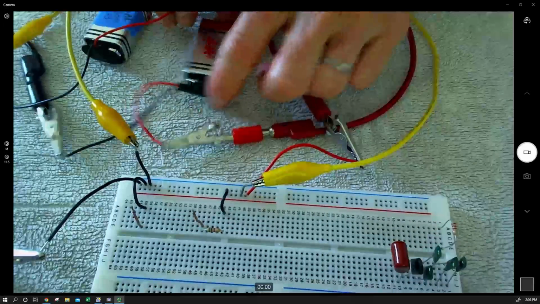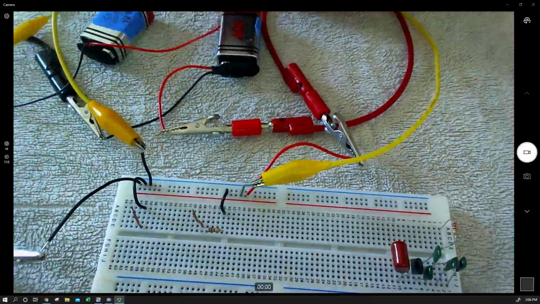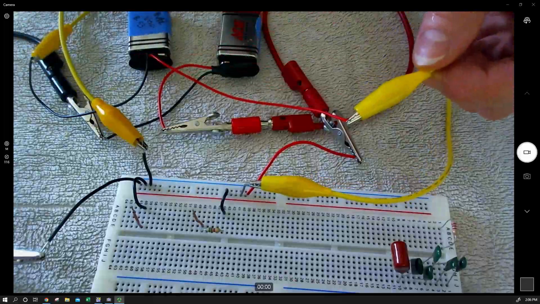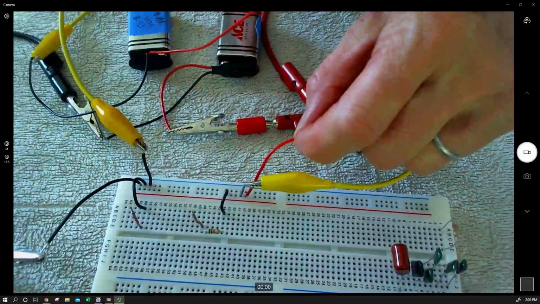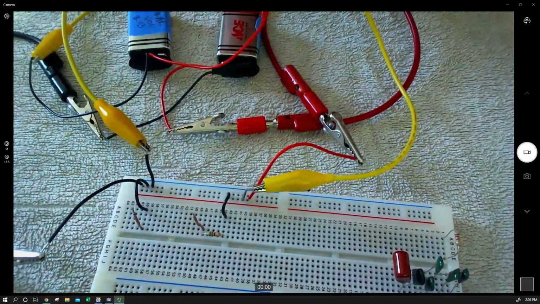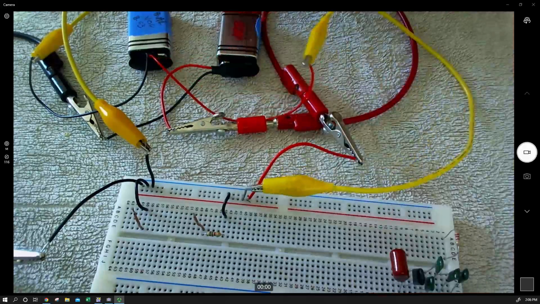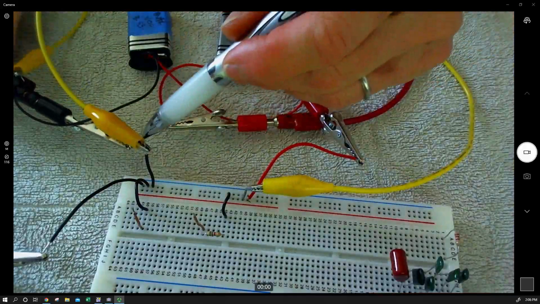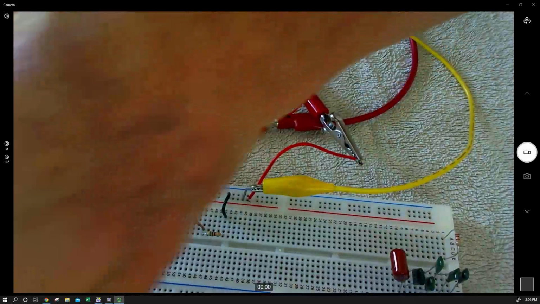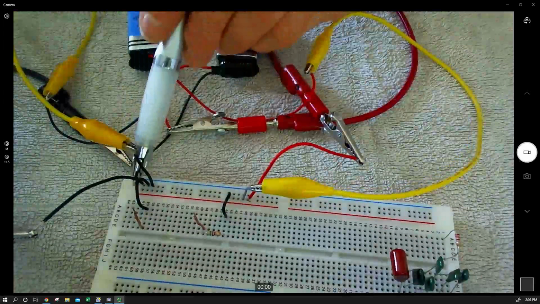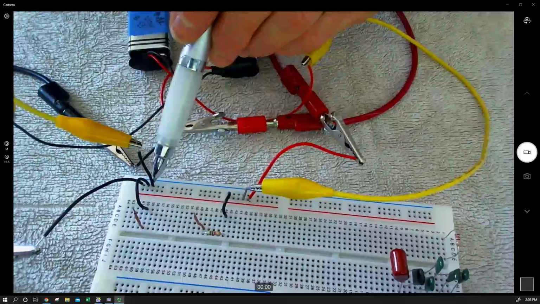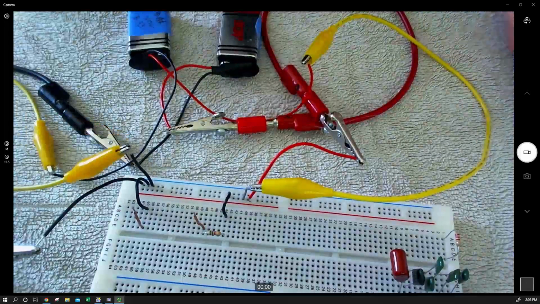Okay, so I have the positive of one battery and the positive of another, both going into the positive rail of my protoboard, and I have the negative and the negative going into the negative rail of the other. So they are connected in parallel.